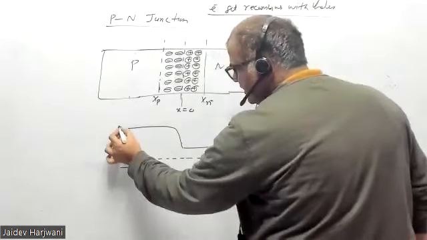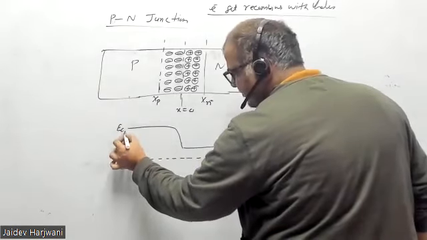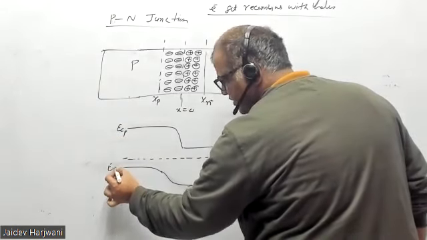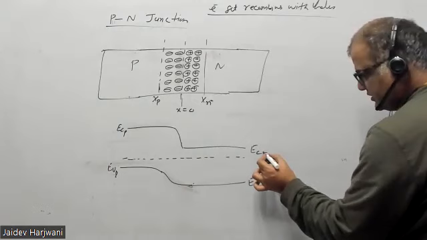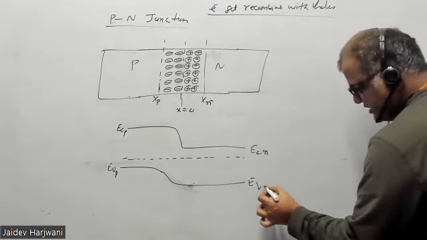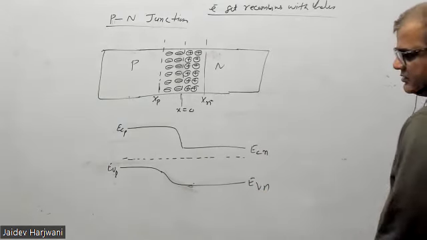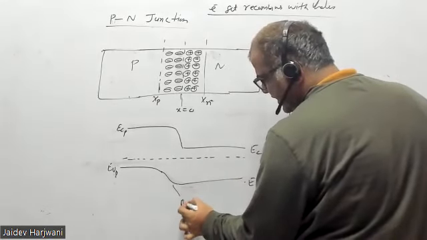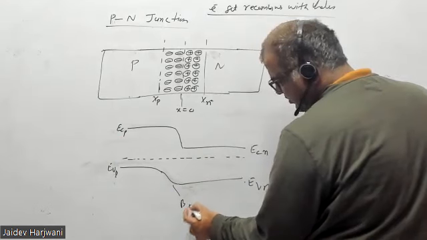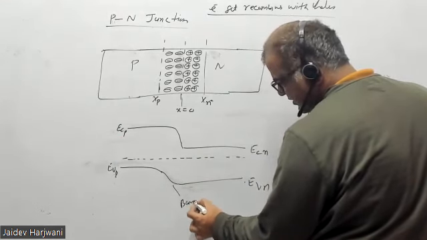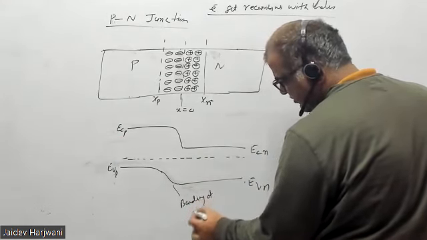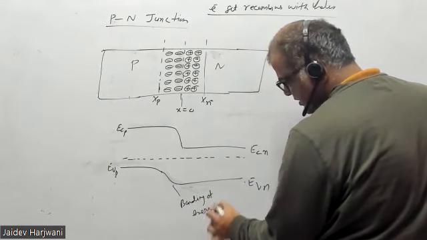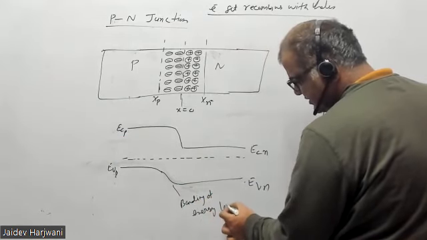So this is the EC of p-type material, EV of p-type material, the conduction band of n-type material, and this is the valence band of n-type material. So now this is called band bending, bending of energy levels.